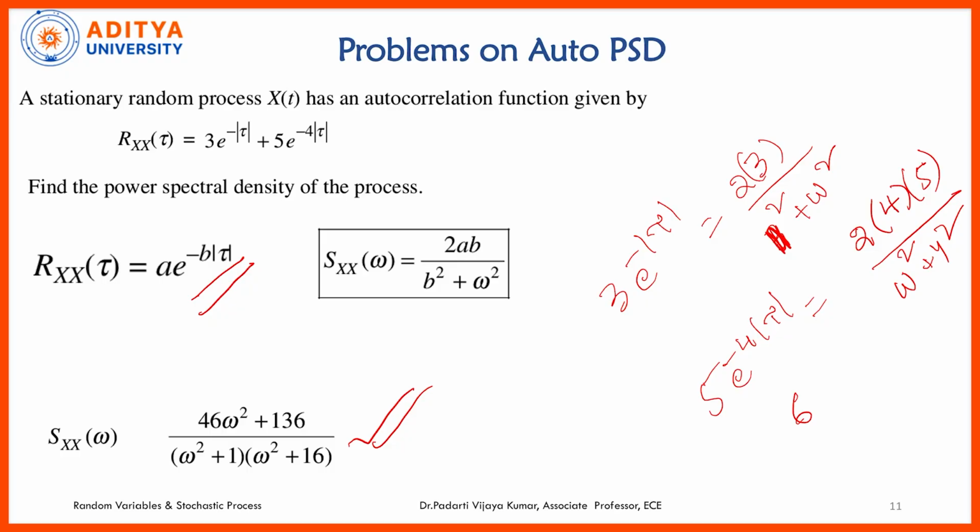Adding this 6 by omega square plus 1 plus 40 by omega square plus 16. So 6 omega square plus 6 into 16, 96. 96 plus 40, 136. So 46 omega square plus 136 by 1 plus omega square into 16 plus omega square.